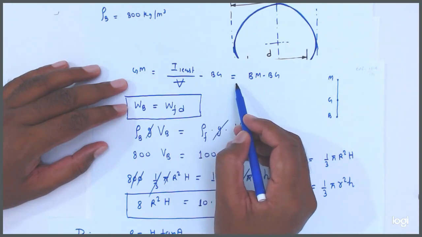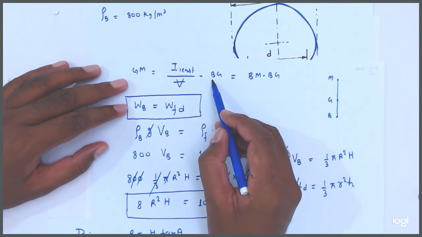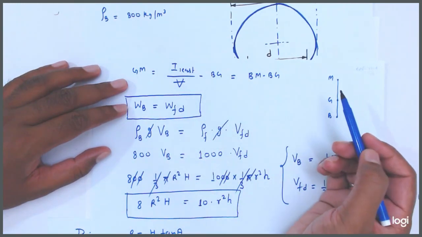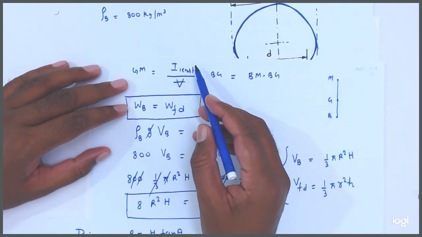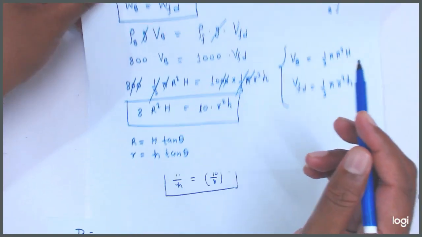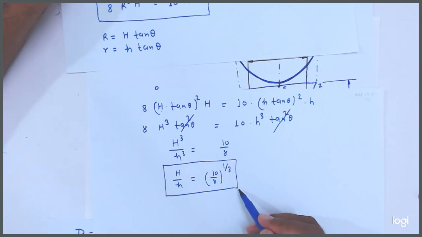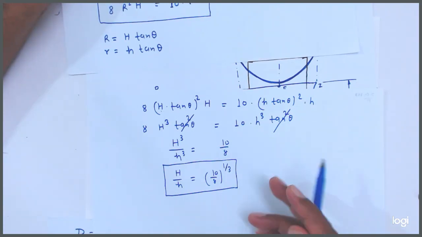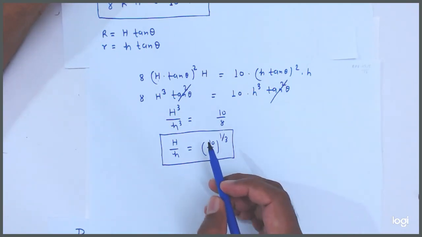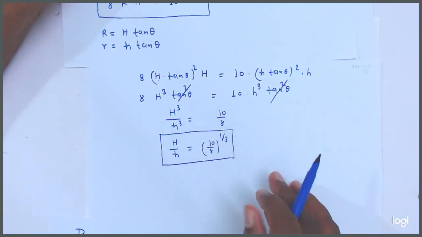This is the condition we have to find. This BG we already calculated and we got the relation. Now we will find this I least by volume displaced. Why did we calculate this? Because it will be useful in finding the value. That's why we found the relation between capital H and small h.